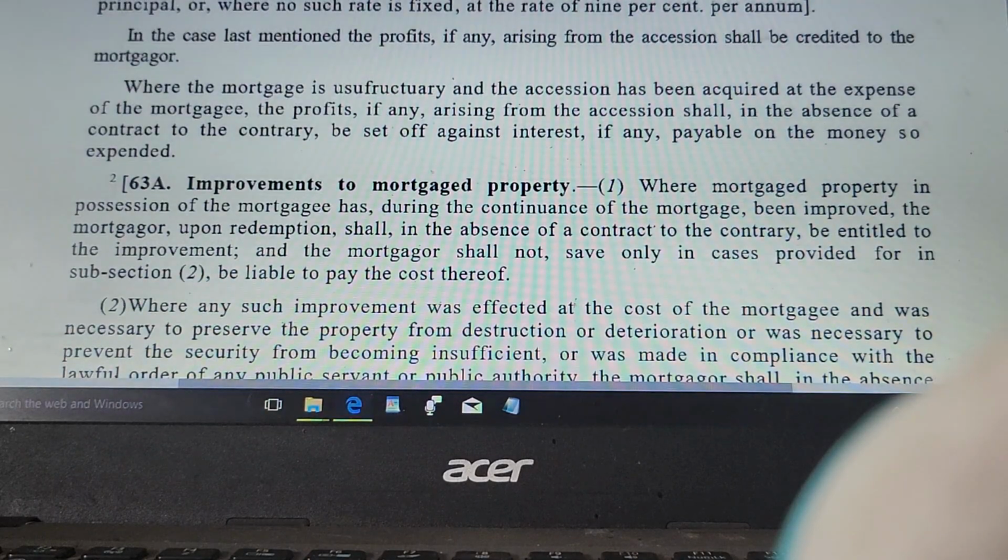In the case last mentioned, the profits, if any, arising from the accession shall be credited to the mortgagor.